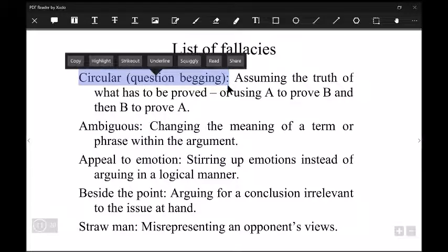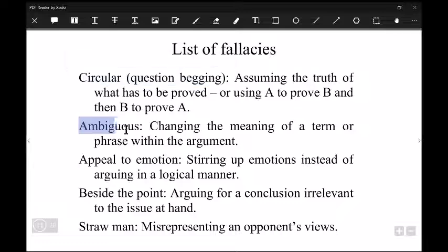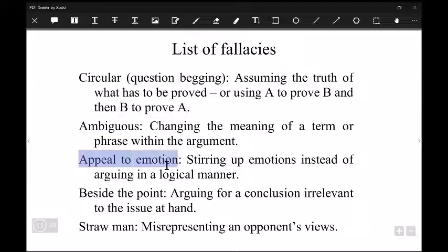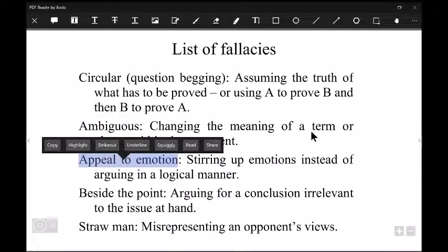So what's a circular argument? One where you assume the truth of what has to be proved, or you use A to prove B and then B to prove A. Ambiguous is where you change the meaning of a term or phrase within an argument. Appeal to emotion is where you stir up emotions, maybe use derogatory language instead of arguing in a logical way.